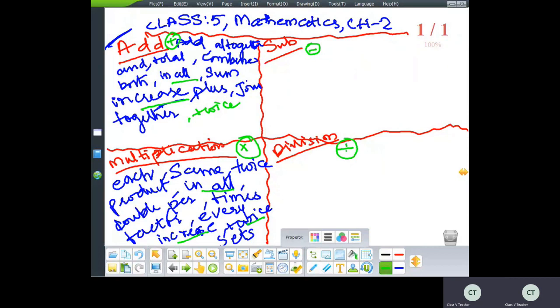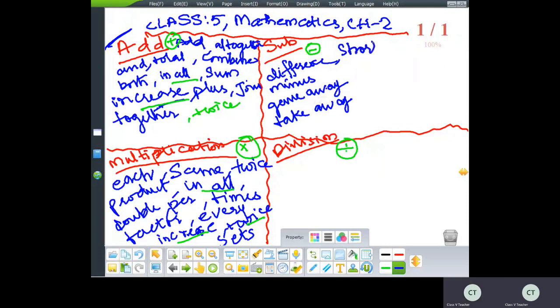Now, for subtraction, what keywords will you get? Difference. Difference means subtraction. Minus. Gave away. Give away or gave away. Take away. Take or taken. Shorter.